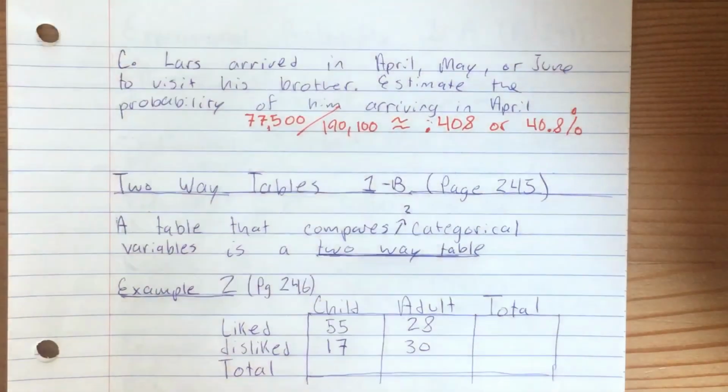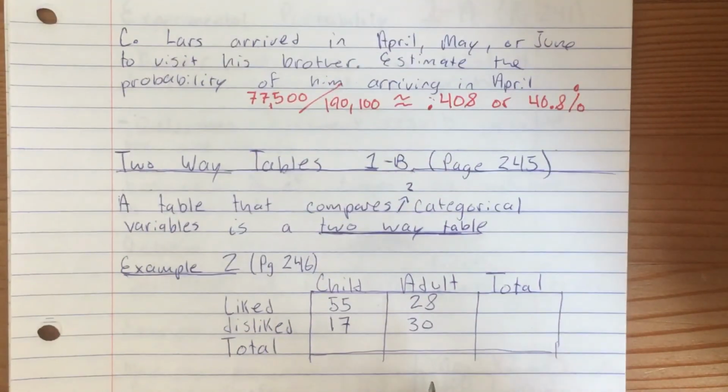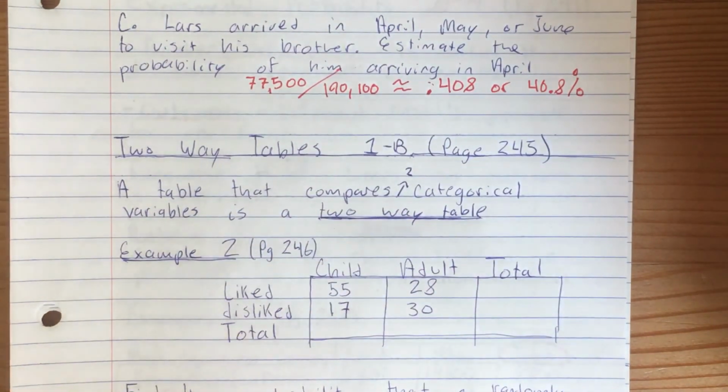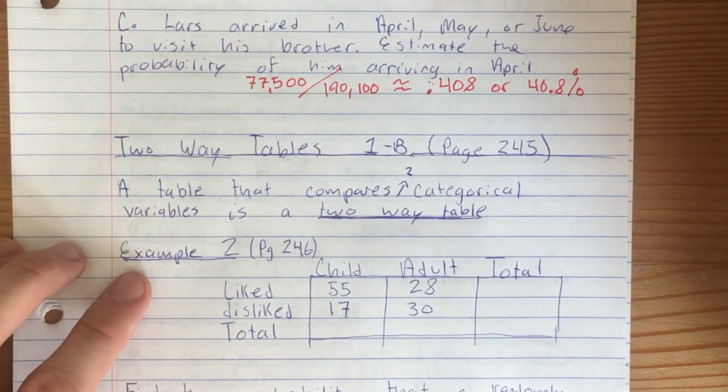And what I mean by categorical variables are variables that are like what it sounds like, that are categories. You have quantitative variables, which are just variables that are sheer numbers, and then you have categorical, which is just categories. So for example, we're going to do example 2 here, which is on page 246 in that red book.